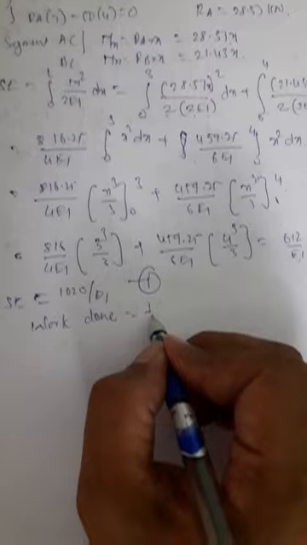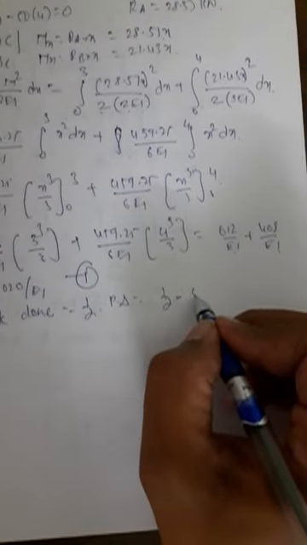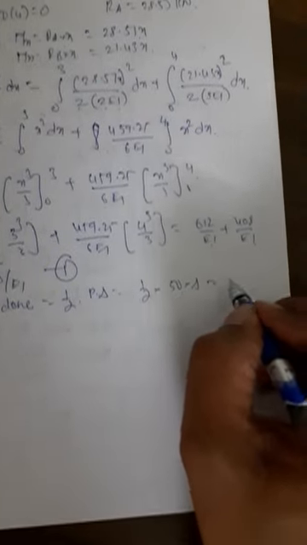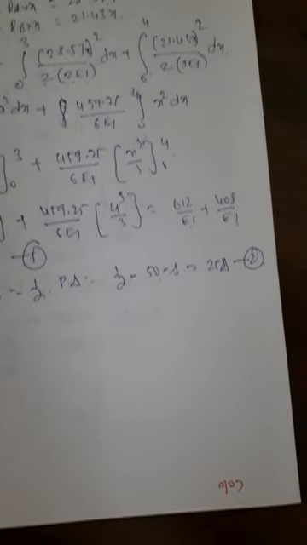Work done is equal to half P into delta. Half P is 50 load into delta, so you get 25 delta. Let this be equation 2.